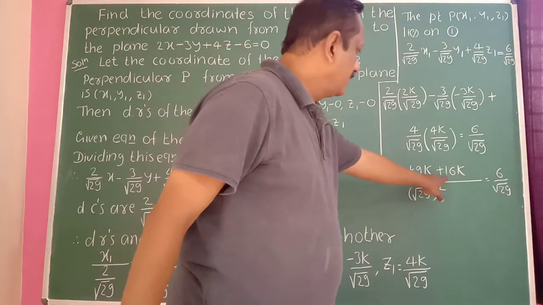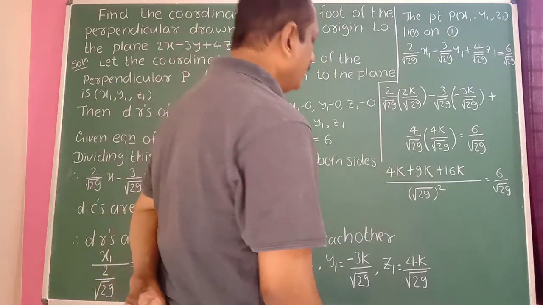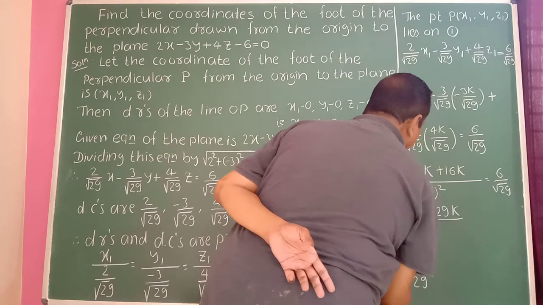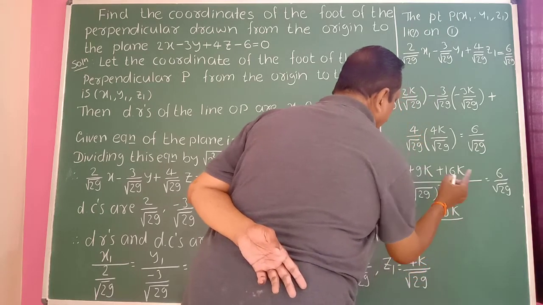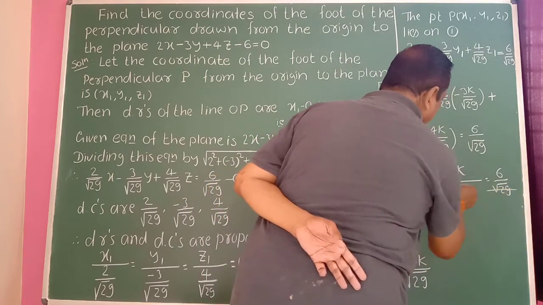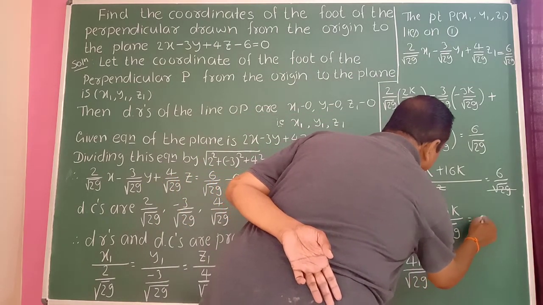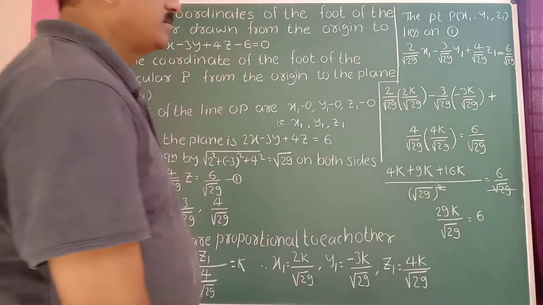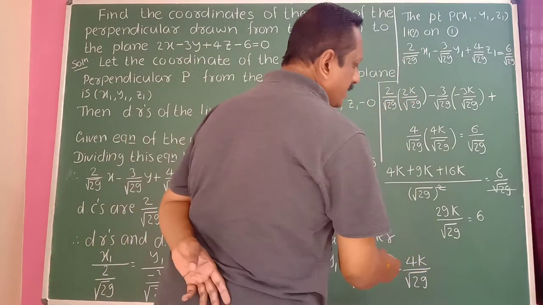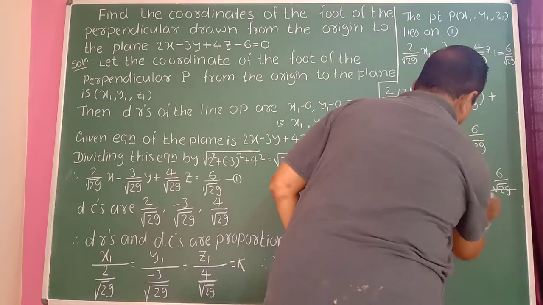Therefore 16k plus 9k, 25k, plus 4k, 29k. So 29k divided by root 29 times root 29, one root of 29 cancels, so k times root of 29 is equal to 6.